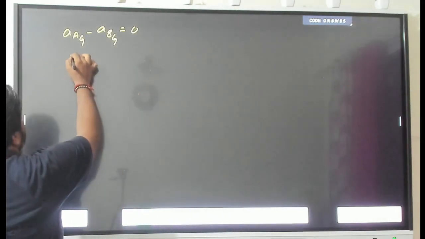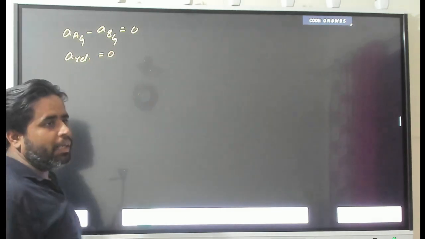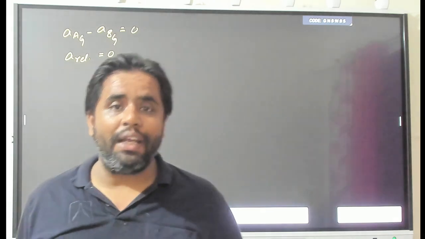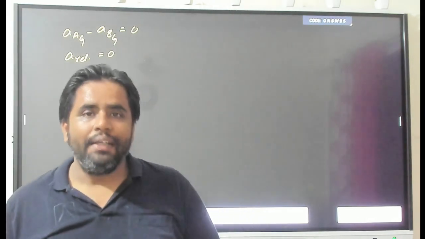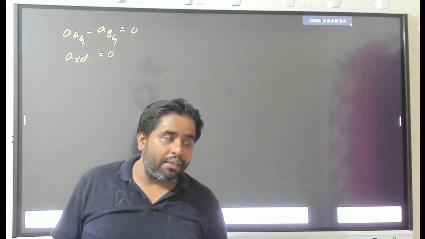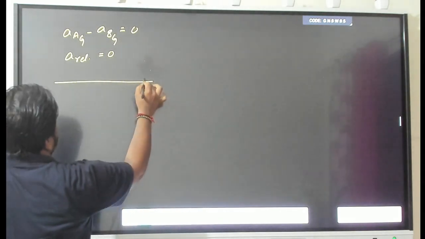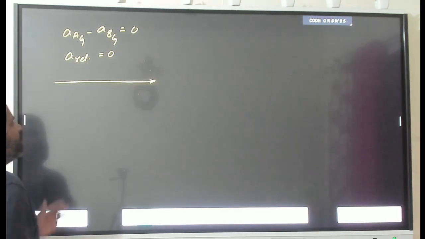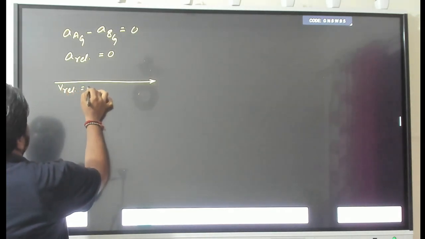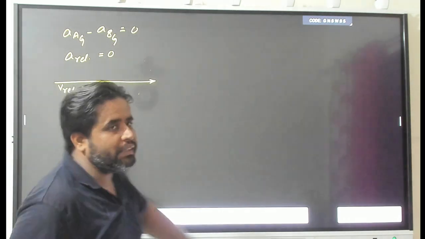So if the relative acceleration is 0, it means that in that particular direction the relative velocity will be constant. If the velocity is constant, the object will be moving in a straight line, because the relative velocity will definitely be constant.